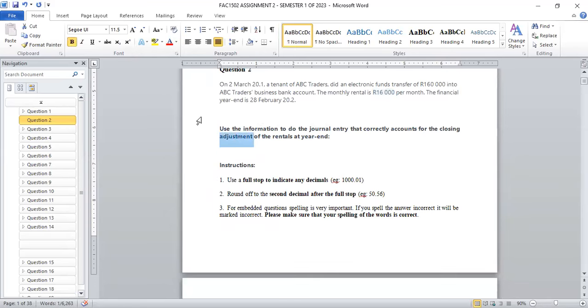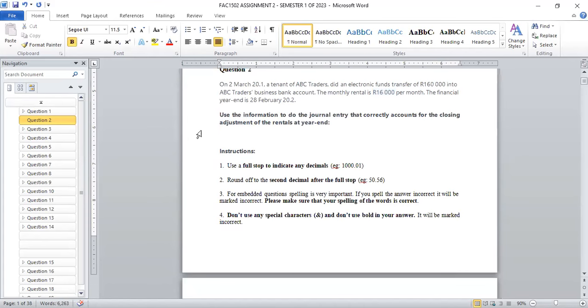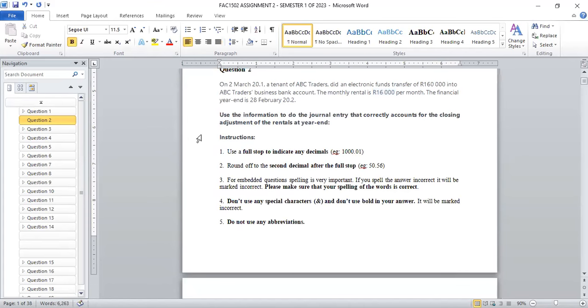Now, normally the adjustment that we make is either for the amount that has not yet been paid or the amount that was paid in advance if he paid too much. So we have to check that the 160,000 that he paid, was it too much or was it less? And we have to see when the tenant started to rent. On 2 March, our year is ending in February. That means he has been renting throughout the whole year.